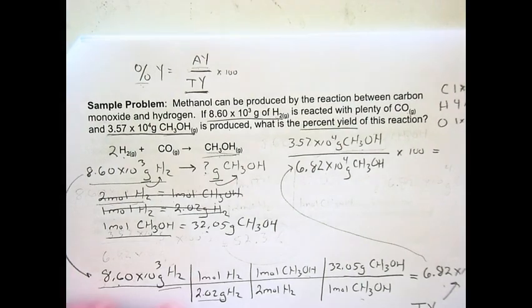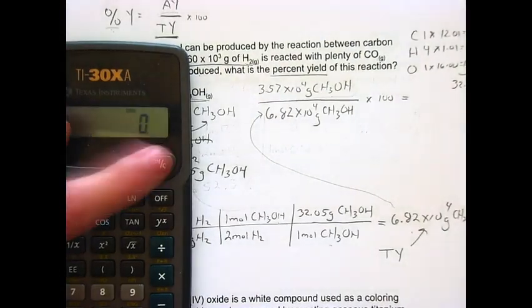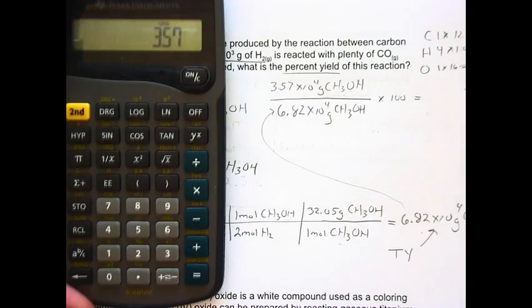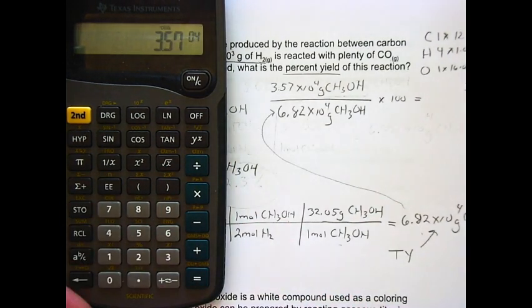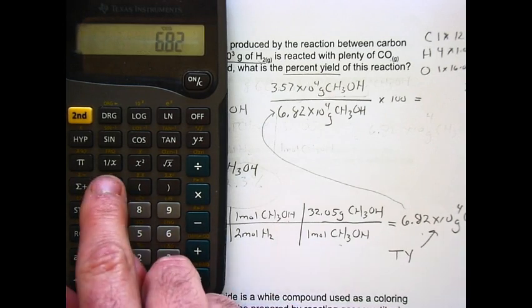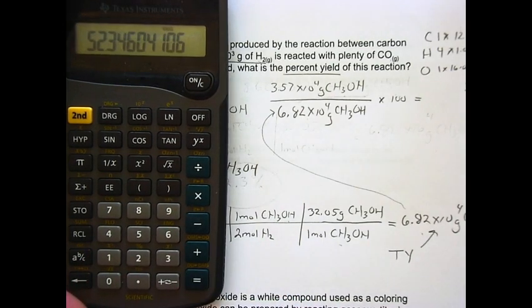So now we do another calculation where we take 3.57 EE 4 divided by 6.82 EE 4 times 100 equals.